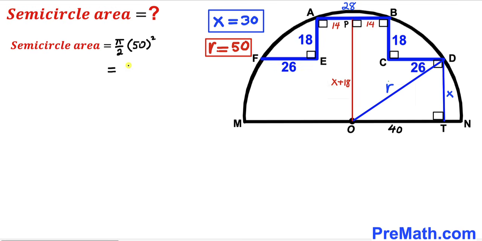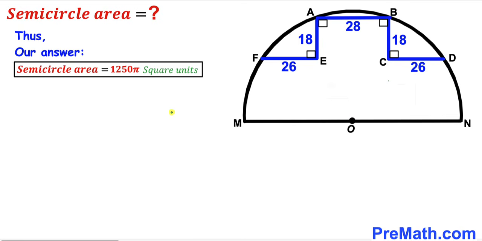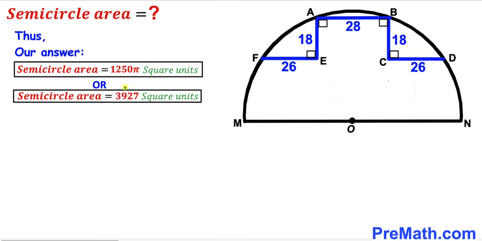That is going to give us 2500 pi divided by 2, and that is equal to 1250 times pi square units, the area of the semicircle. So the area of this semicircle turns out to be 1250 times pi square units, and that area is going to be equal to approximately 3927 square units as well. And that's our final answer.